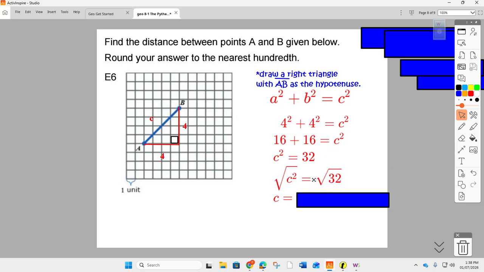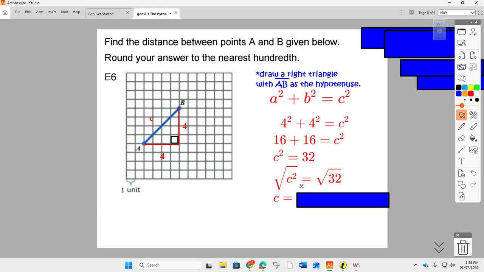And it asks us to round to the nearest hundredth. So the square root of 32 is 5.656 and a bunch of other numbers. Right? Hundredths place. The second to the right. 1, 2. So we look to the right.